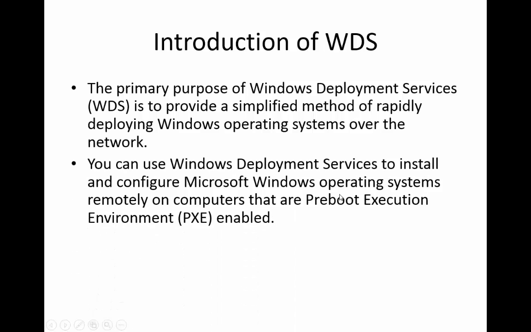Okay, so you can use WDS to install and configure Microsoft Windows operating systems remotely on computers that are pre-boot execution environment enabled, or we call it PXE. What is this? PXE. Anyone can tell me what is pre-boot execution environment?